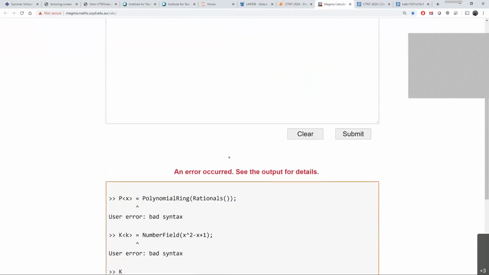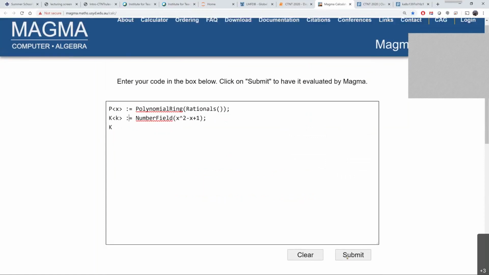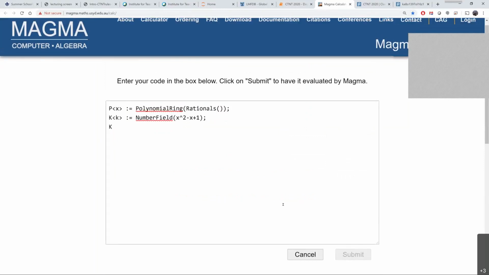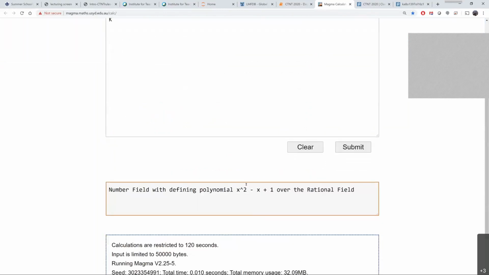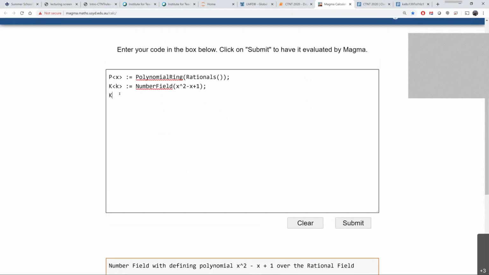And there was an error because I'm mixing some of the notation of Magma and Sage. In Magma, you use colon equals to define things, and then for that number field we can figure out its degree by doing so.